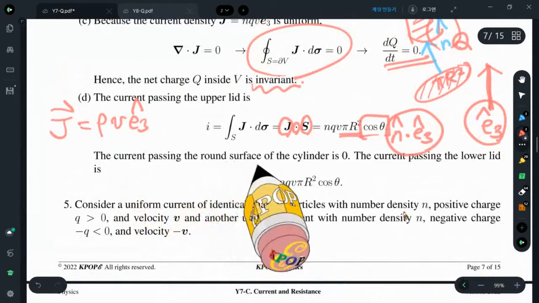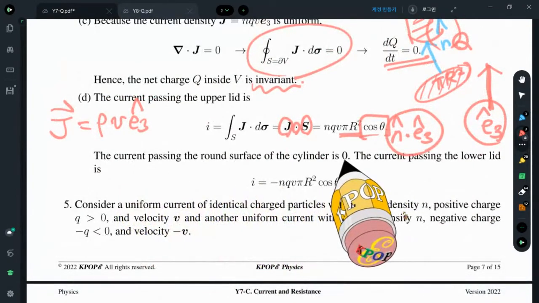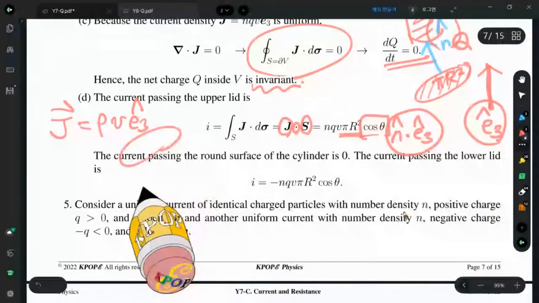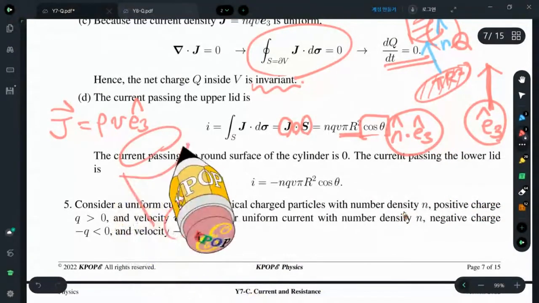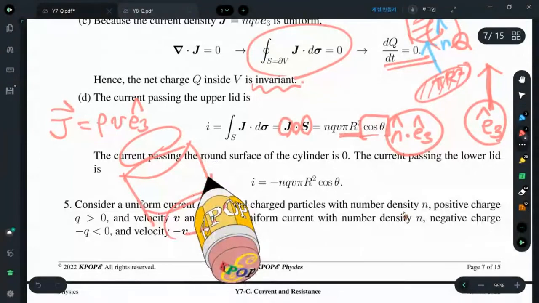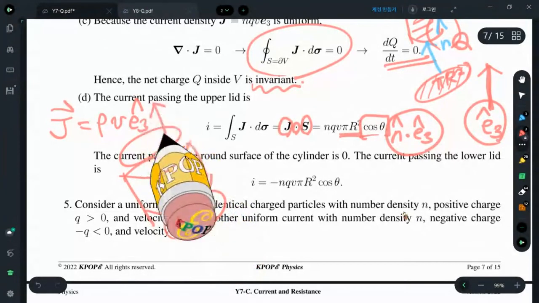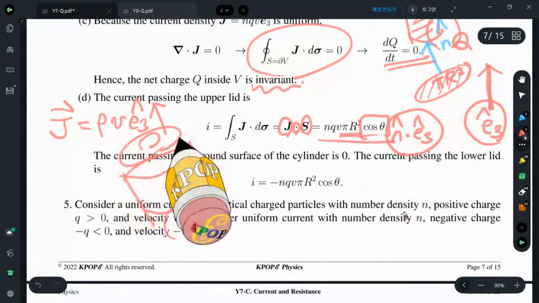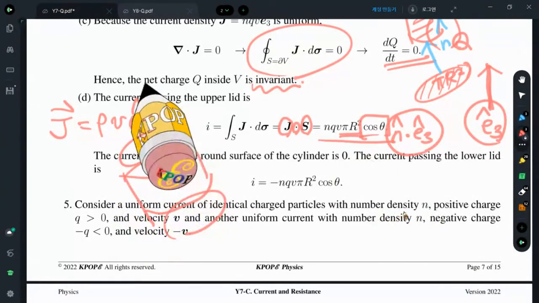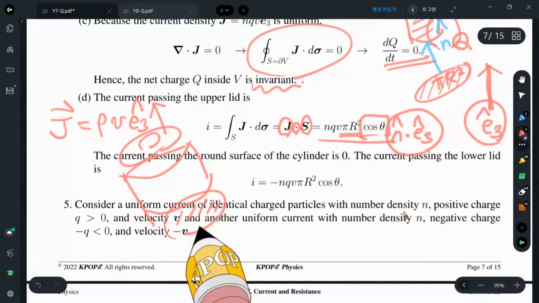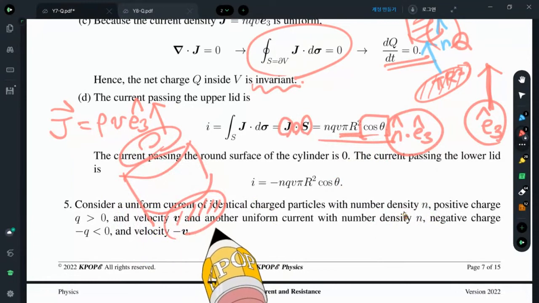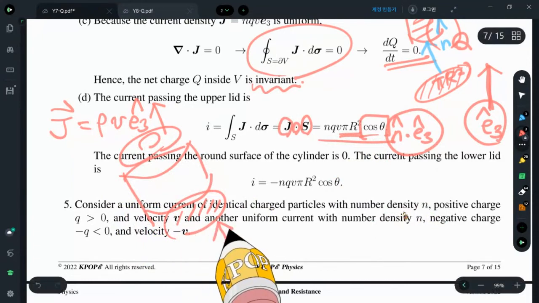The current passing the round surface of the cylinder is 0. Why? We have 3 pieces of surfaces, right? This amount is this current passing this surface. So it is coming out from this lower lid, the same amount, because direction is the same. However, it's coming in.